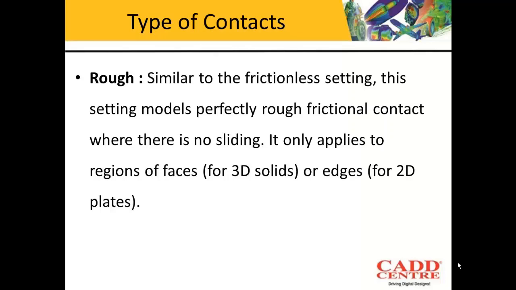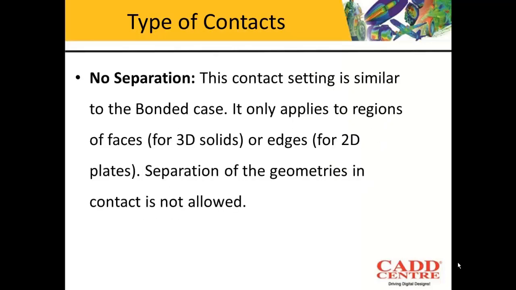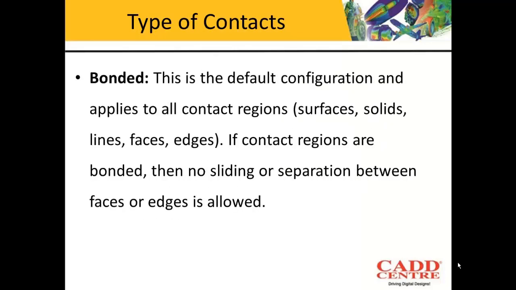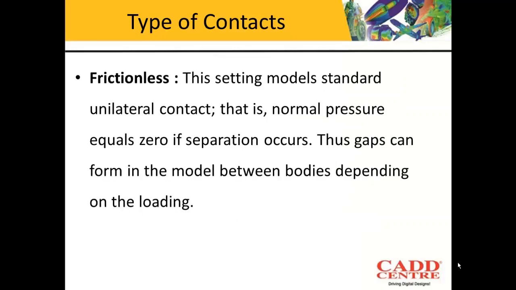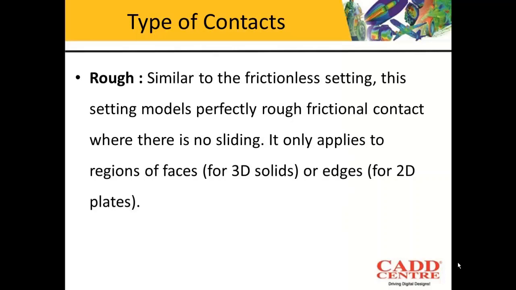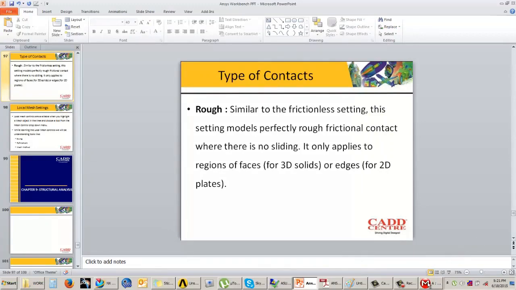So these are the types of contacts that we have: bonded, no separation, frictional, frictionless, and rough contact. Now let us understand how to apply these contacts in Ansys Workbench.